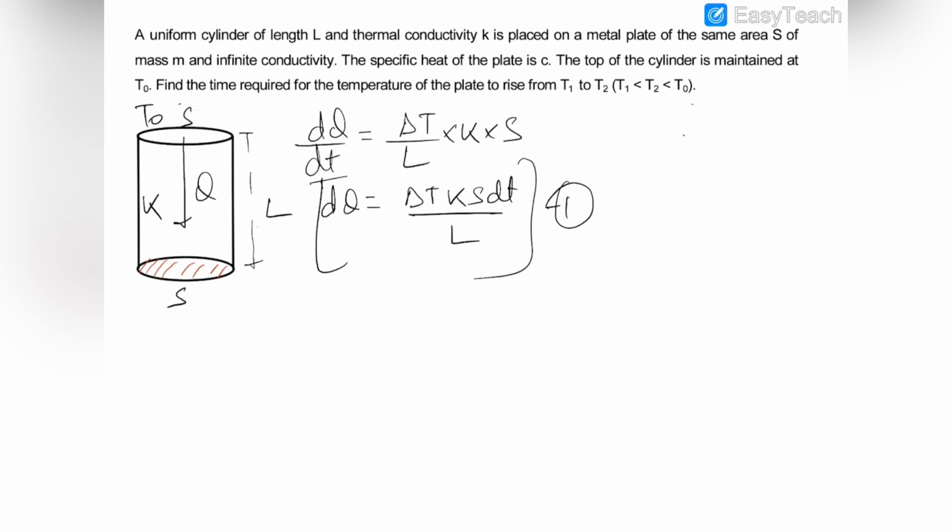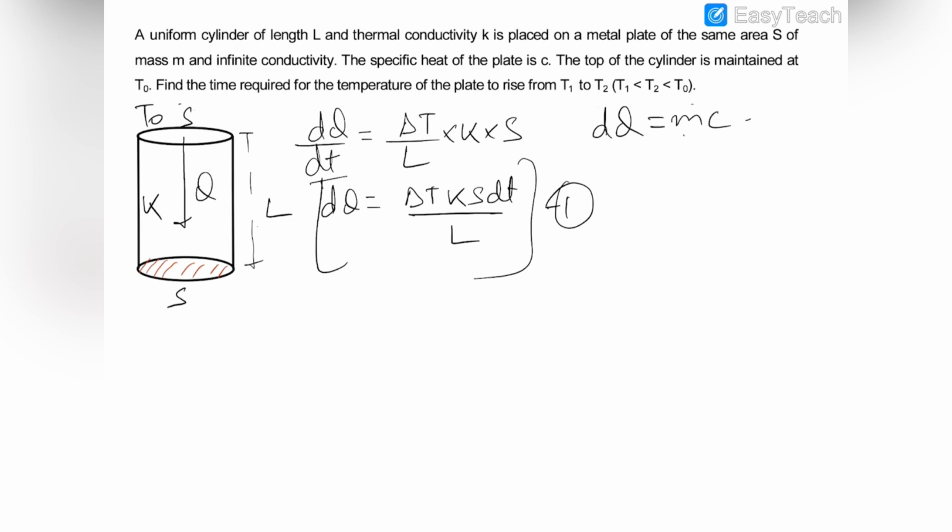Now we know that due to this heat dq, the temperature of this plate will rise, and you can see that dq will be equal to mc delta T. M is the mass, C is the specific heat, and delta T is the change in temperature of the plate.